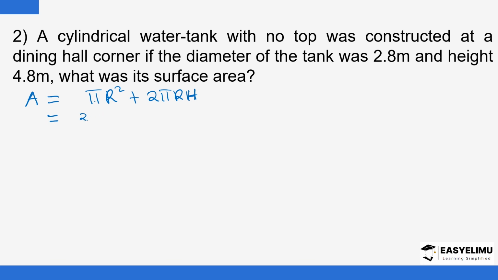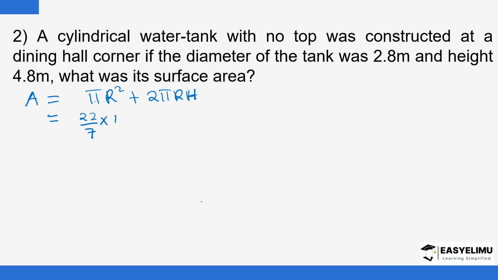So now you have 22 over 7, and you multiply by the radius. So what's the radius? Now we are given the diameter. Normally you divide the diameter by 2 to find the radius.